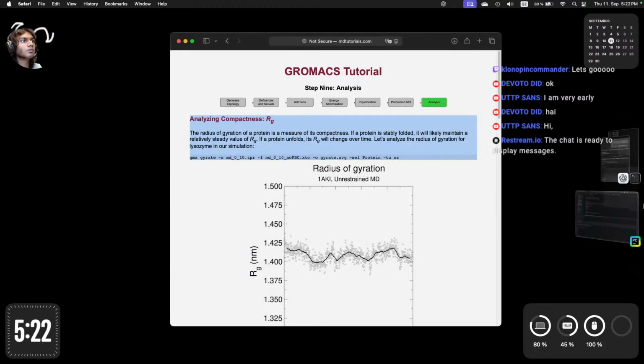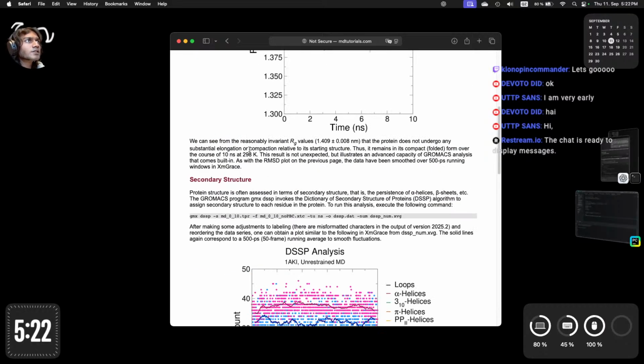We can see the reasonably invariant Rg values, so the protein does not undergo any substantial elongation or compaction relative to its starting structure, thus it remains in a compact folded form over the course of 10 nanoseconds at 298 Kelvin.